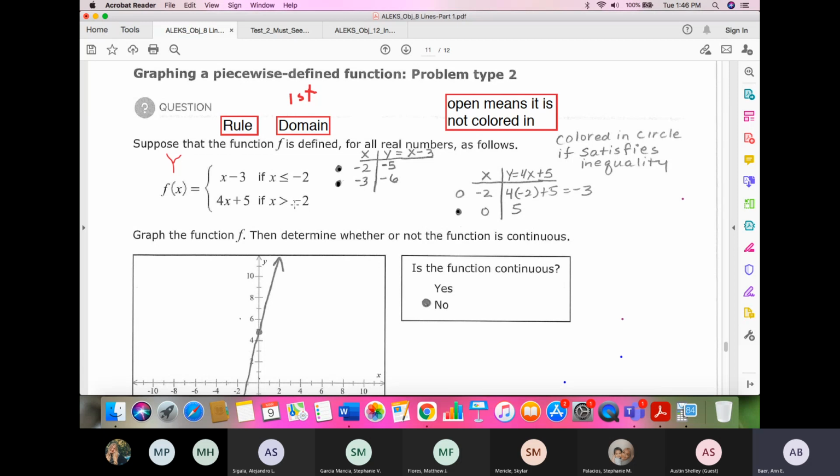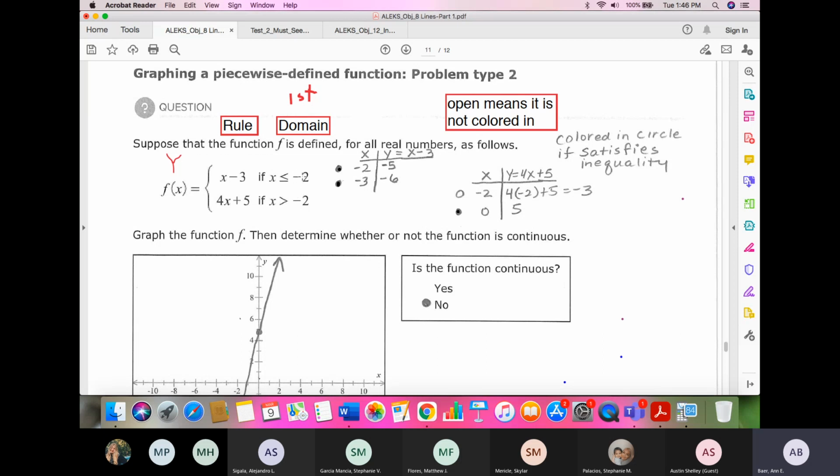The domain is the set of all x's. It's where knowing the math terminology comes in. The domain is the set of all x's. And the reason why I have it first up here is because you always want to look at this first.